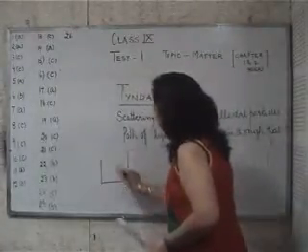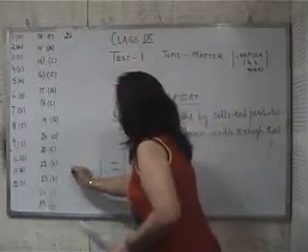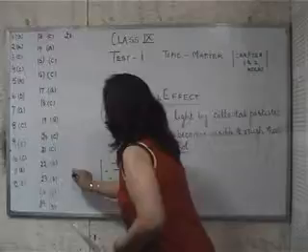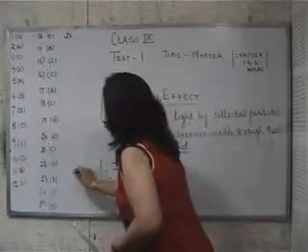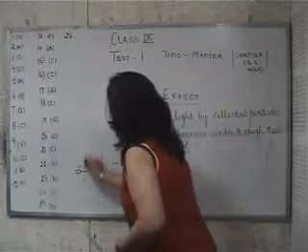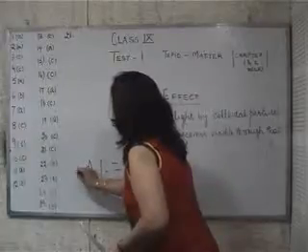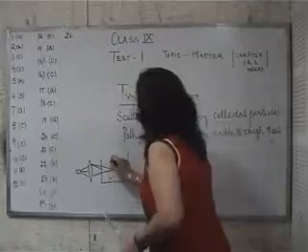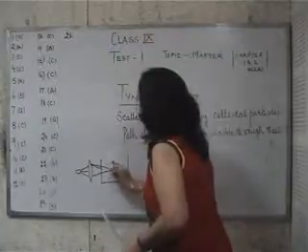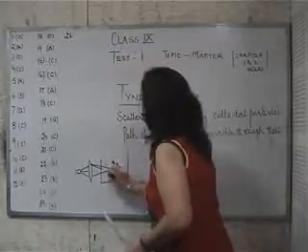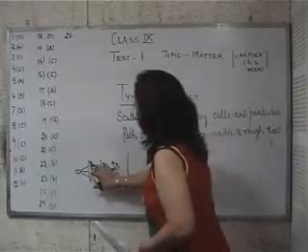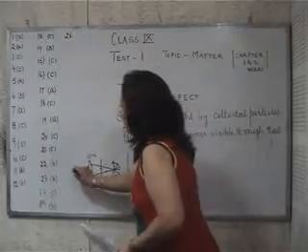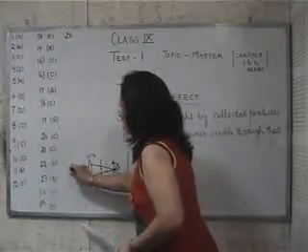If we have a colloidal solution and light is passed through it, we have some light source, and light is passed through it by focusing with a lens, and this light is now being scattered by the particles. Colloidal particles are scattering this light. This is a lens used. This is a bulb or light source.